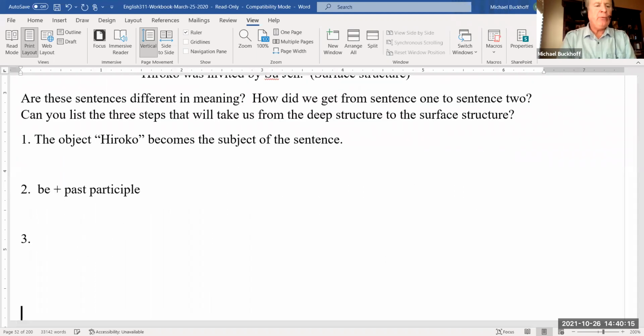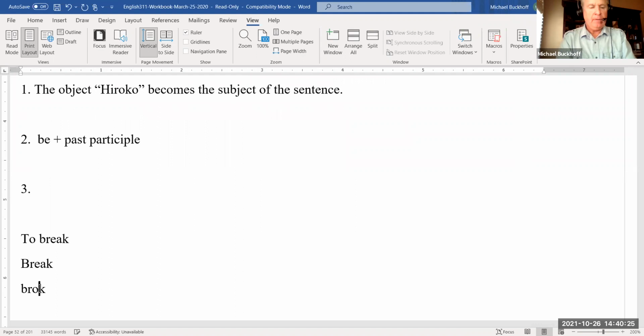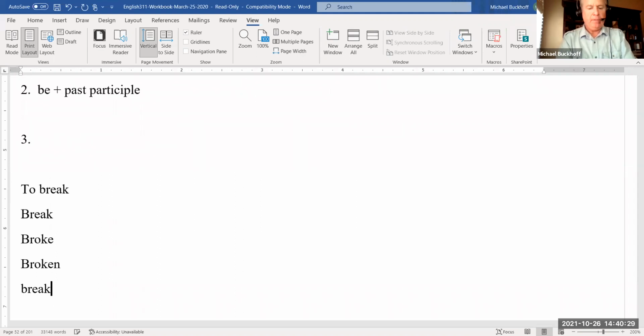Now remember, we said that a verb can have 5 forms, right? Let's look at break. To break, break, broke, broken. You can do this with any verb, right? So we have the infinitive, which is to break.